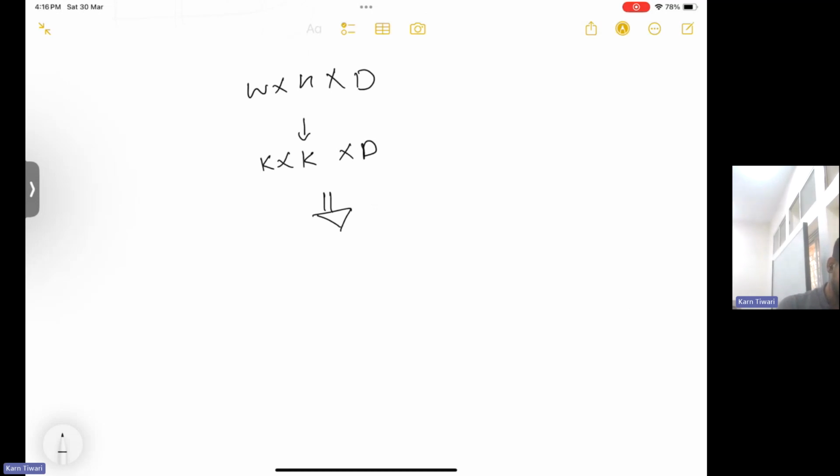There is a direct formula. The D and D remain the same. The output is W dash cross H dash cross D dash. If we are using D dash number of kernels, the output depth will be D dash.